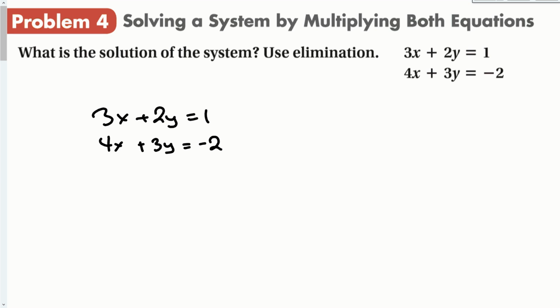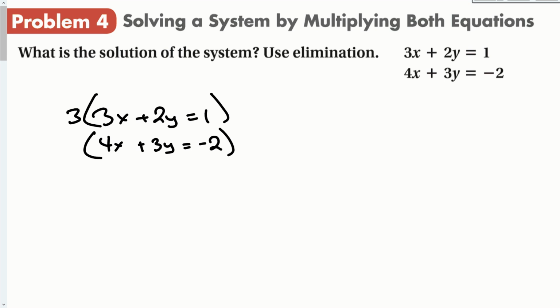I'm going to have to do something twice. So I could multiply the top equation by 4, the bottom equation by negative 3 to get a positive 12 and a negative 12. But I usually like to pick the smallest numbers. So let's multiply the top equation by 3.